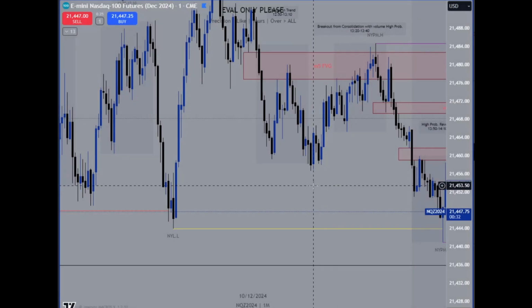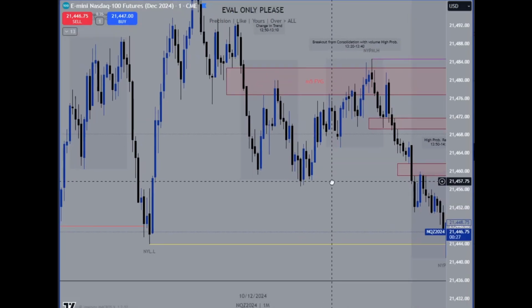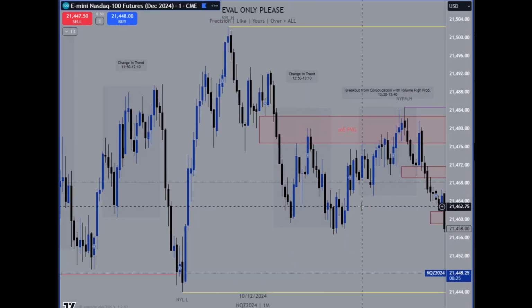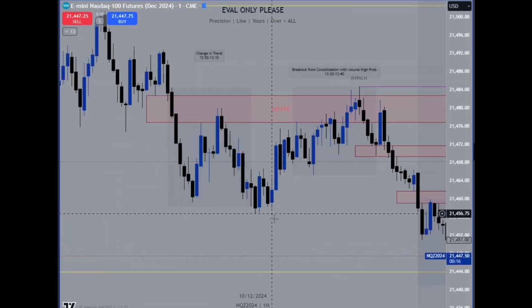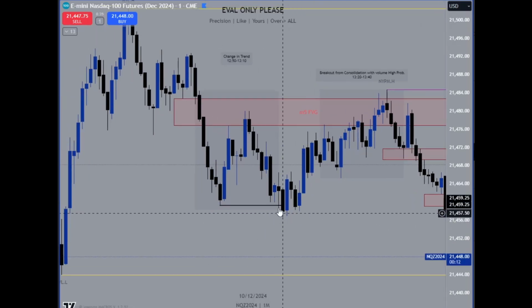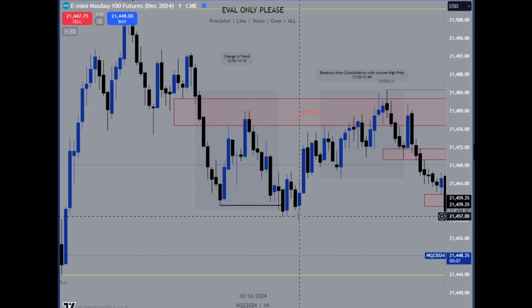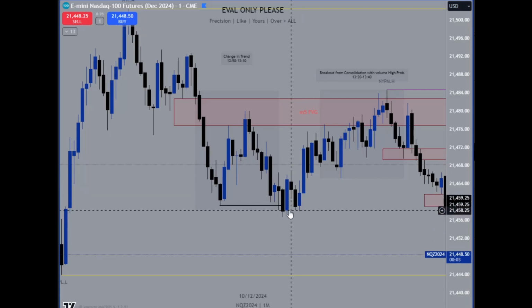So really quick, I do want to say, the candle that confirms the order block, like I said, you want to see an engulfing candle. In this case, we took out this low. You'd be looking for a bullish order block. How would you know it's a bullish order block? The candle that gives you the OB will be undeniable.